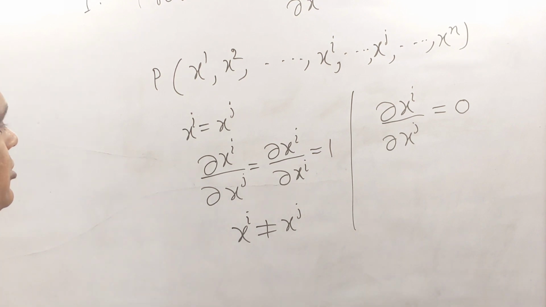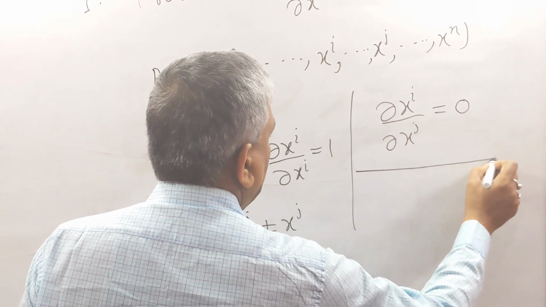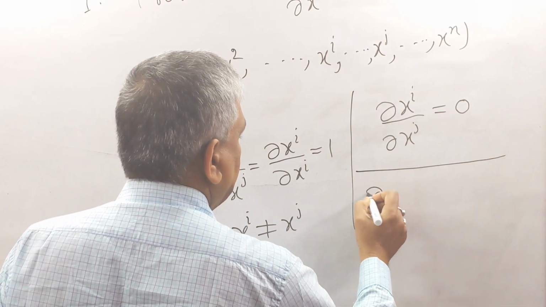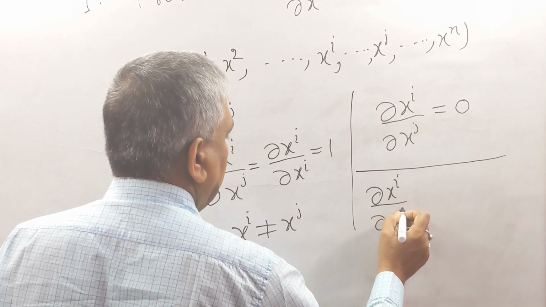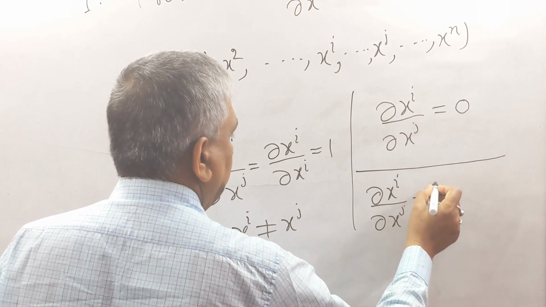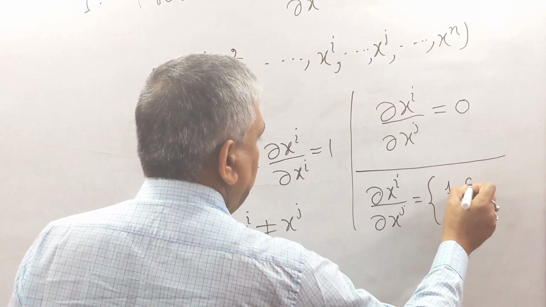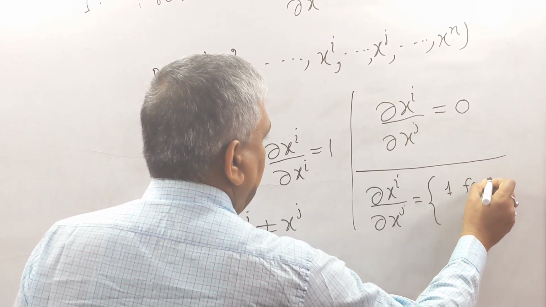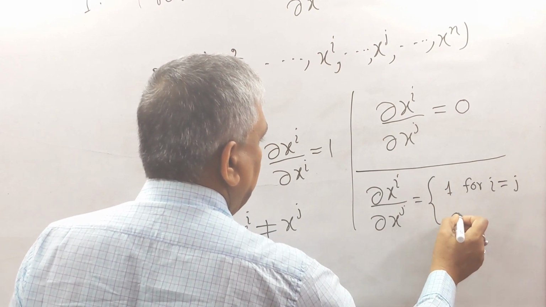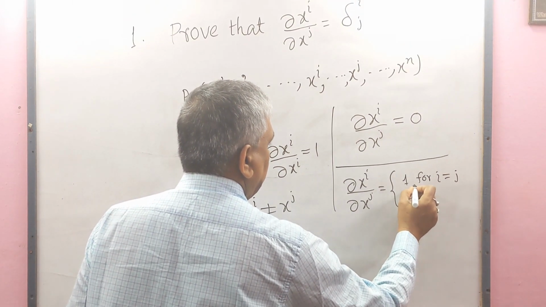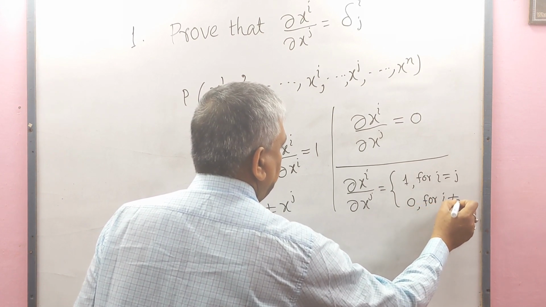From these two concepts, we may conclude that del xi by del xj equals 1 for i equal to j, and equals 0 for i not equal to j.